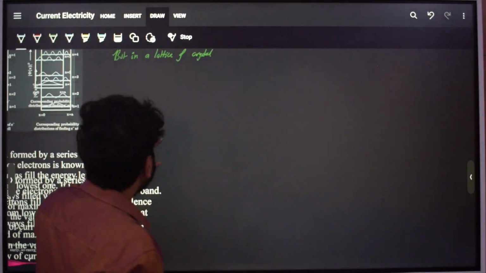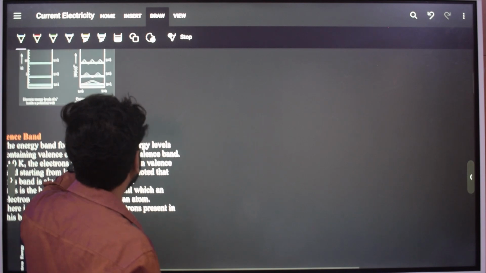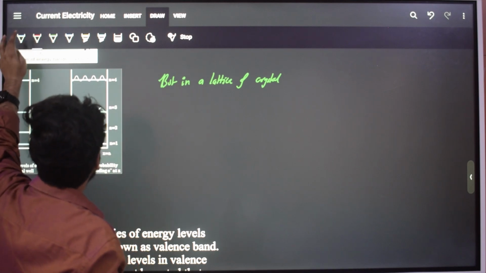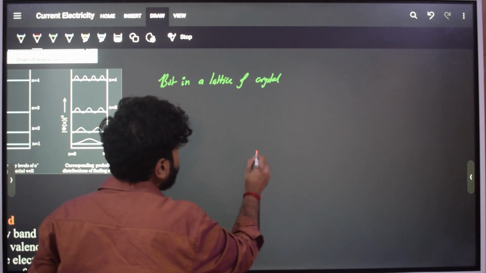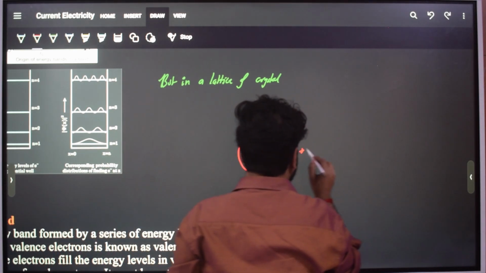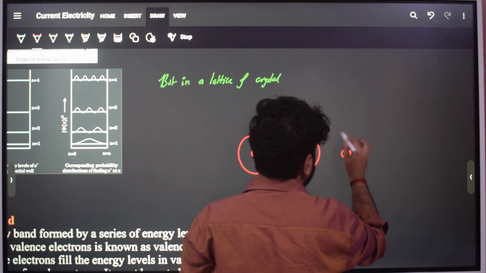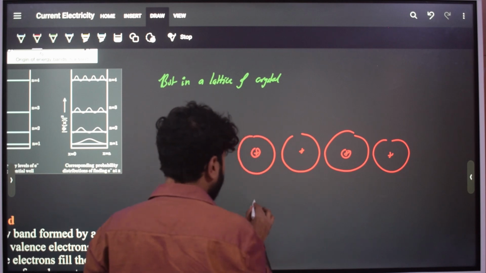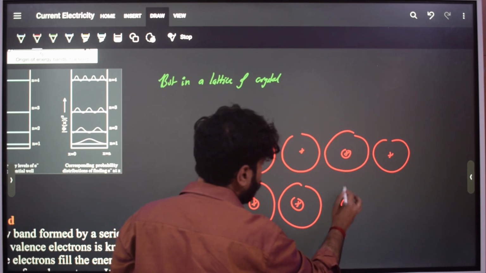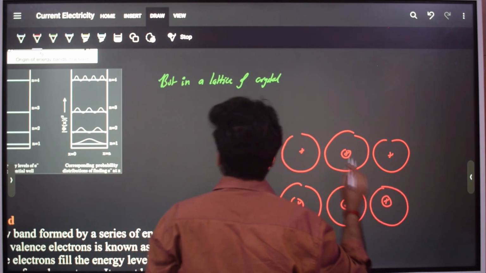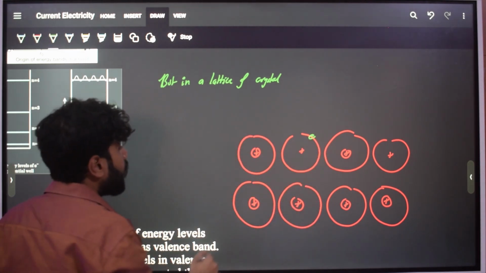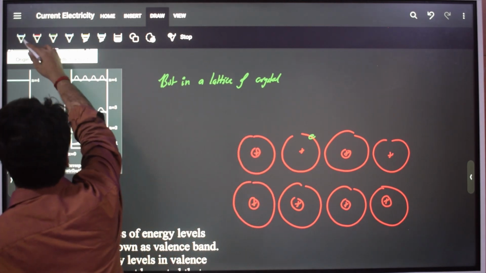And when you have the lattice of a crystal, there will be many nuclei. Let's say we are talking about any particular atom; the influence on its electron will be due to many nuclei.